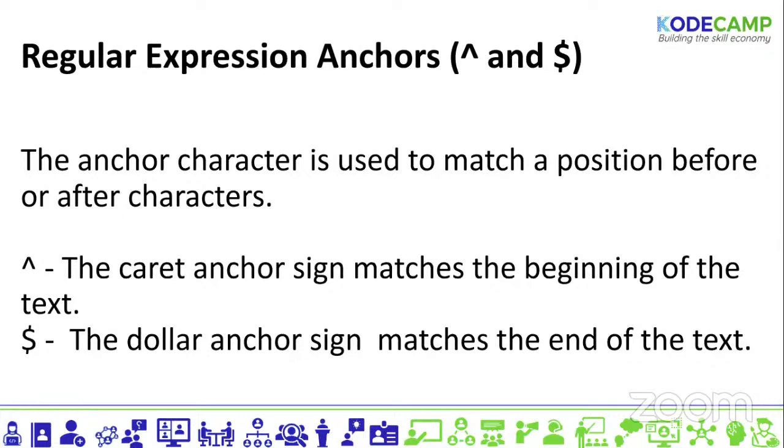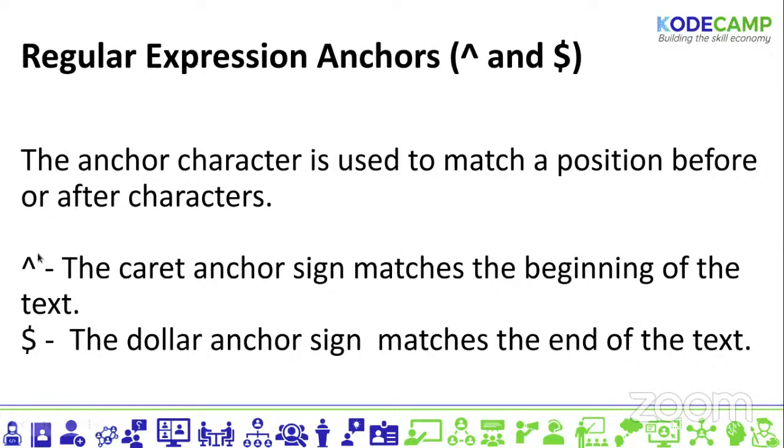We can say we want characters in this text that begin with a particular letter, or they have to begin with a digit, or they have to begin with a word, for example, or a letter.